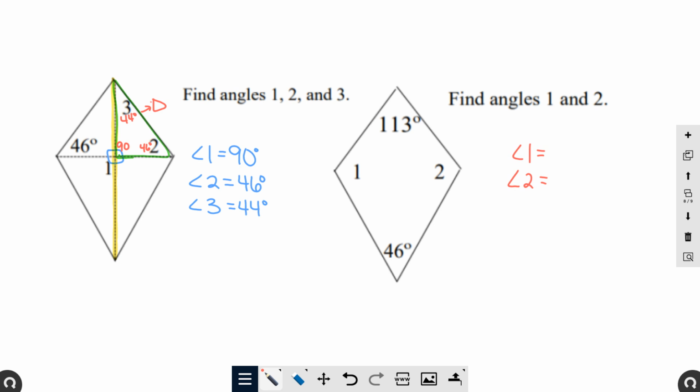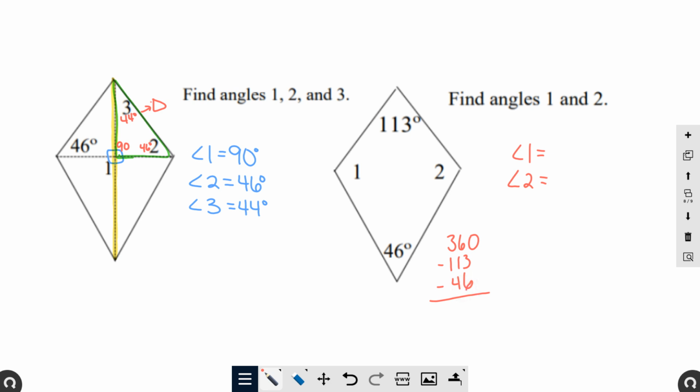Now, this one is not broken up into our 4 triangles, but it is broken up into this big quadrilateral shape. Now, what do you know about all the angles in a quadrilateral? They equal 360. So we could do 360 and subtract the 2 angles that we know.